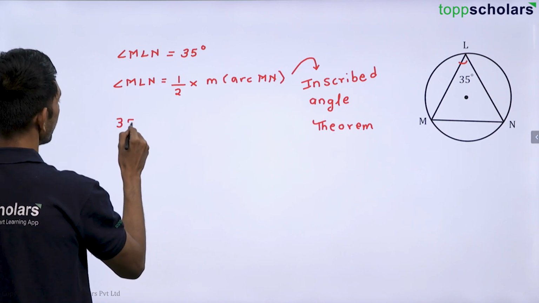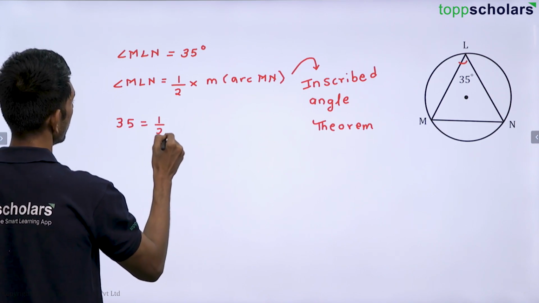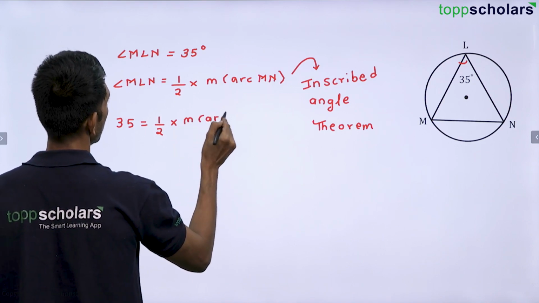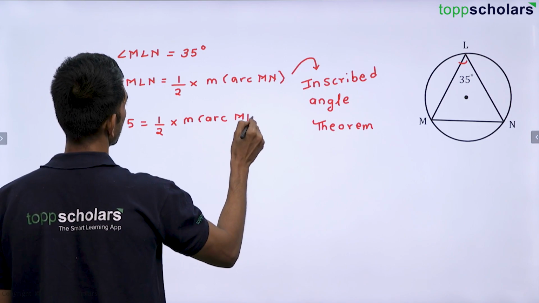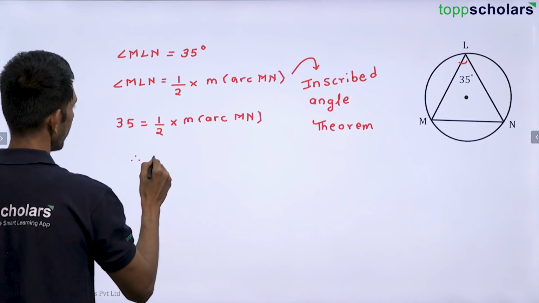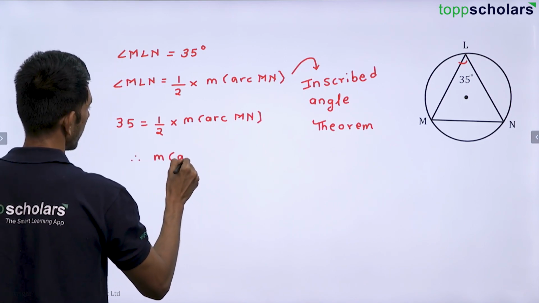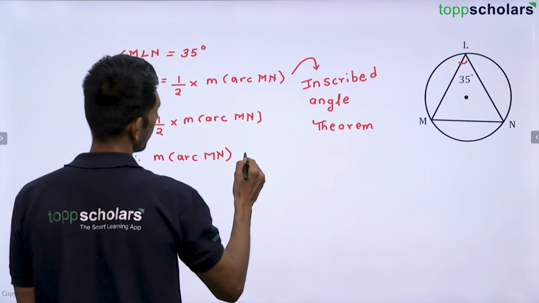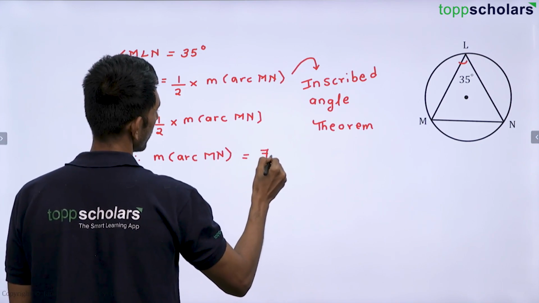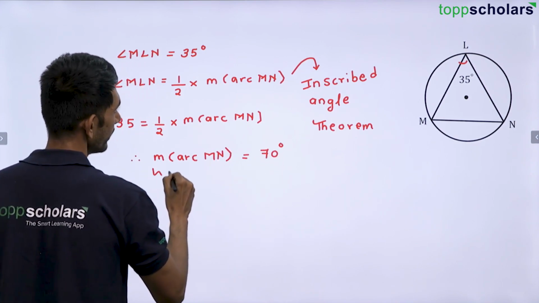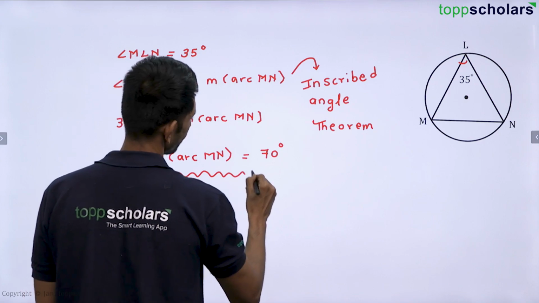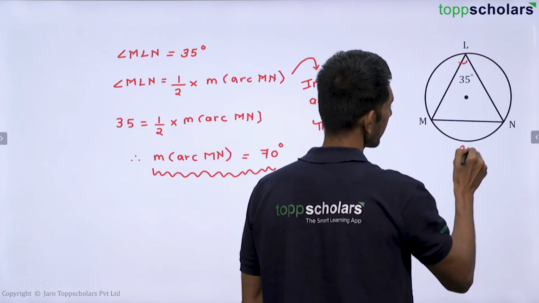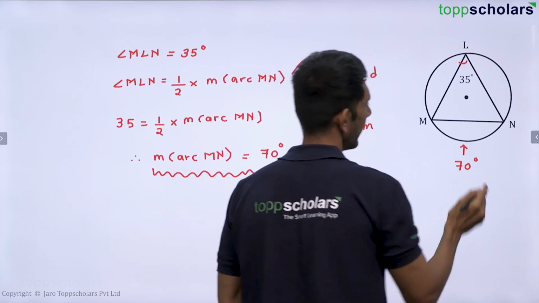So can I say 35 is half of the measure of arc MN? So can I say the measure of arc MN is 35 into 2, 70 degrees? Correct? So I get this arc as 70 degrees.